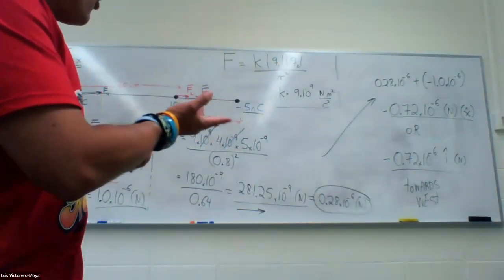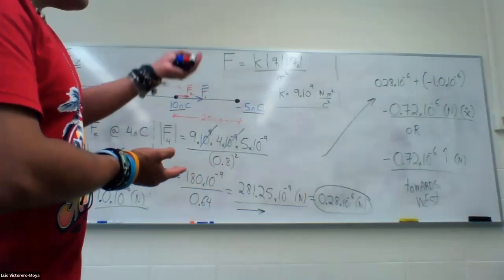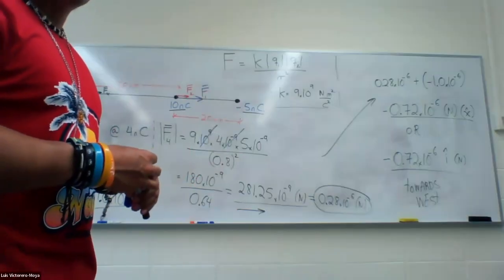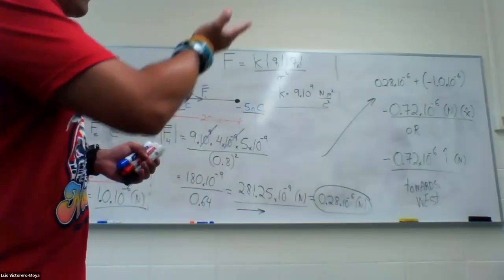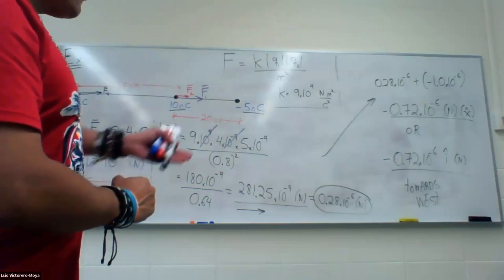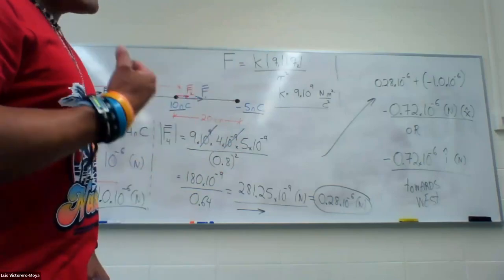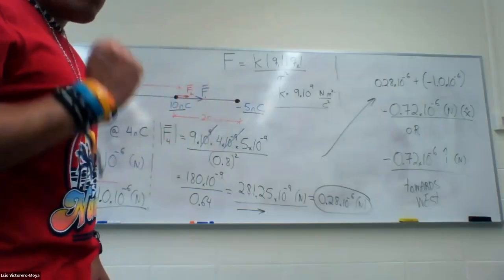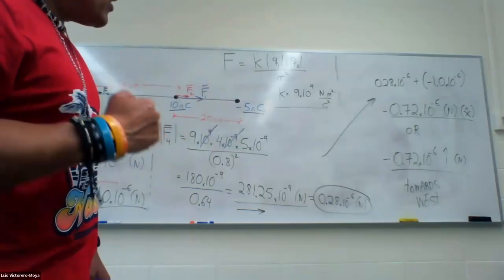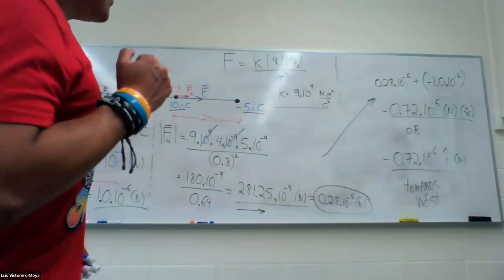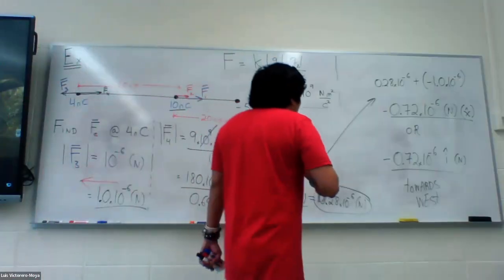Now, the concept of force is important, but where does this force come from? Why do they attract or repel? And why do they have those values? To understand that, and to understand the motion of a charge, which is one of the objectives of this chapter, we need to introduce the idea of electric field.